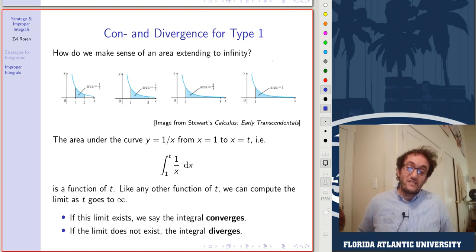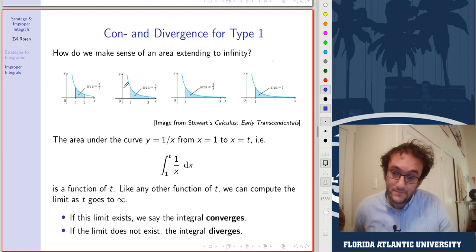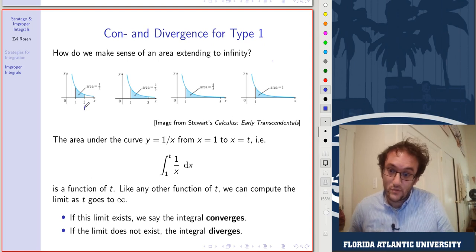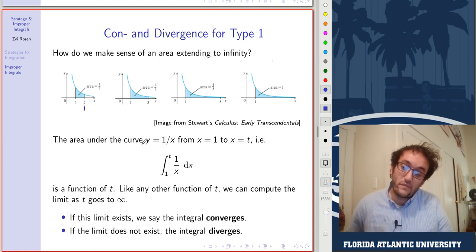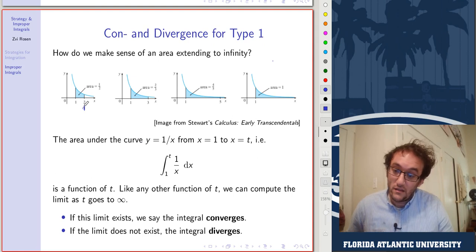That's a function of t. It's a function of the upper bound. So for example, in this image, the function has input 2. That's where we're putting in the upper bound, and we'll get out a number which corresponds to the area. For the input here, we're inputting the number 3, and we're getting the area 2/3.